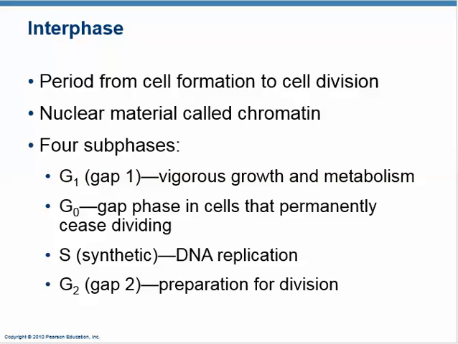During all of interphase, the cytoplasm is undergoing the chemical reactions that are appropriate to that cell. So if that cell is a cell in the adrenal medulla, it is making norepinephrine.